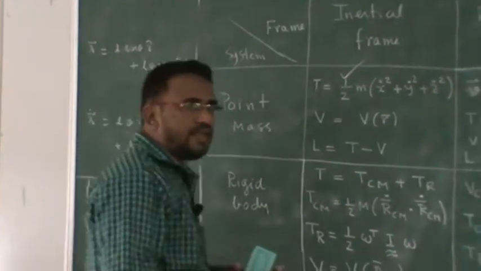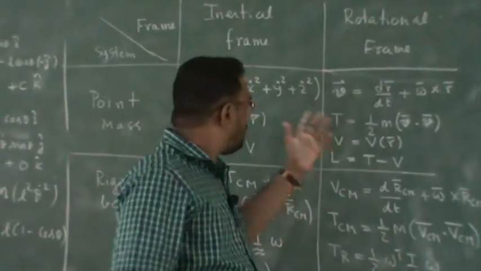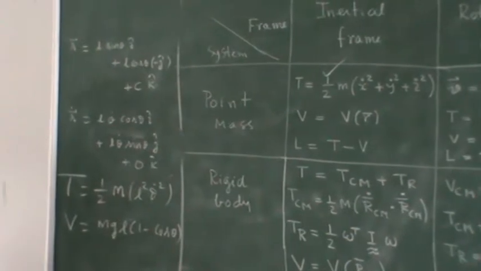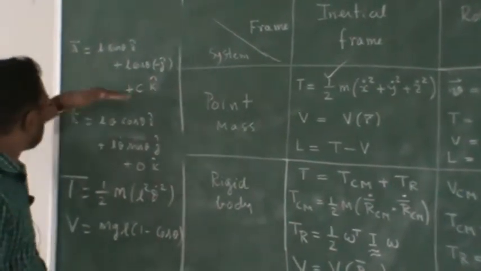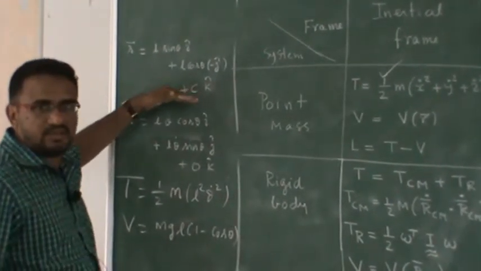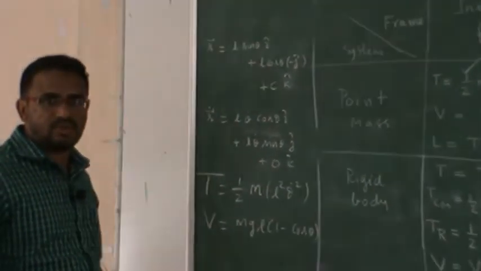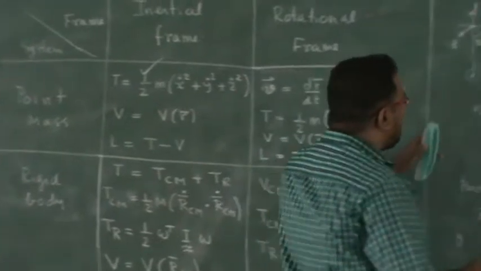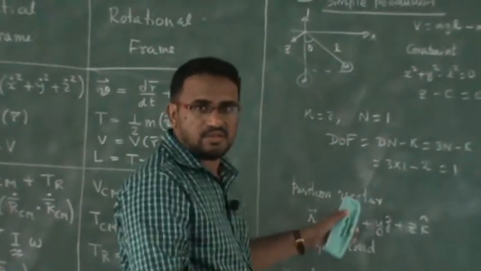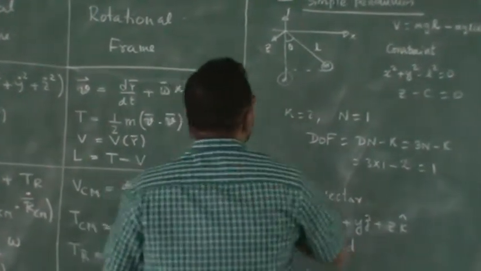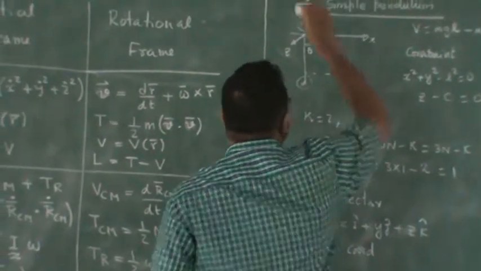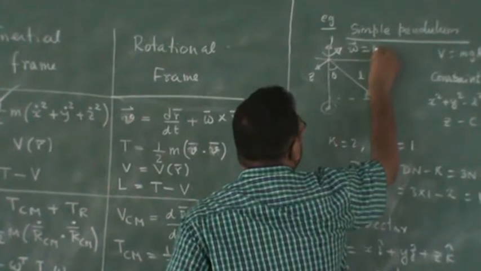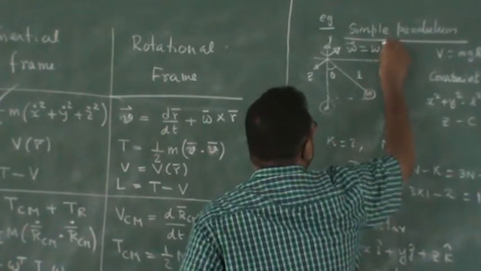Suppose I want to extend this to the rotating frame. Up to this point there is no change; the same thing holds. Due to the rotation, the frame is rotating by an angular velocity omega, let me call it omega j cap.